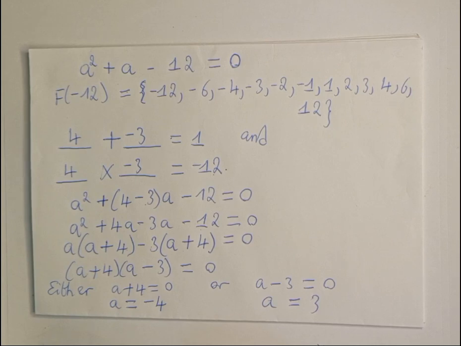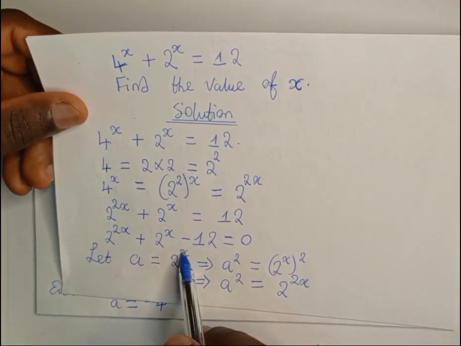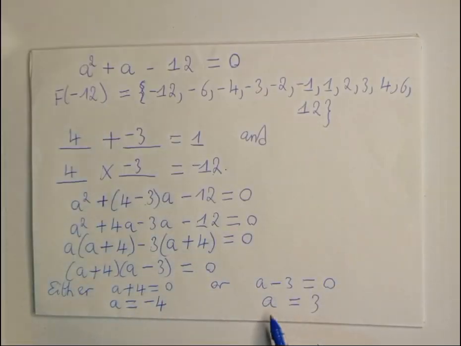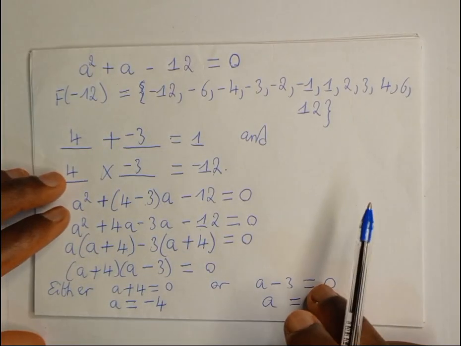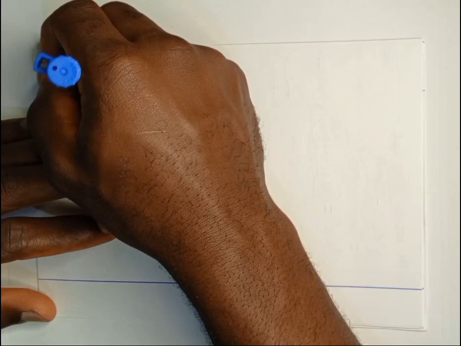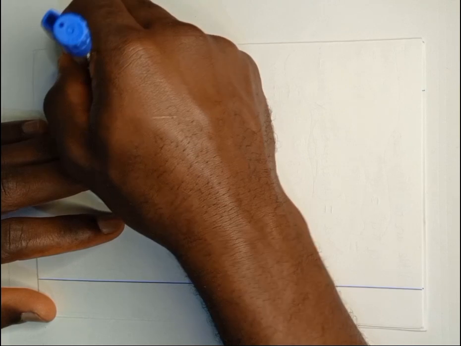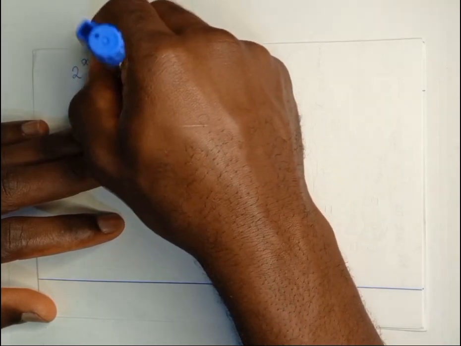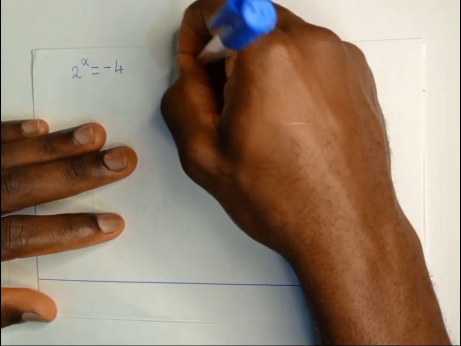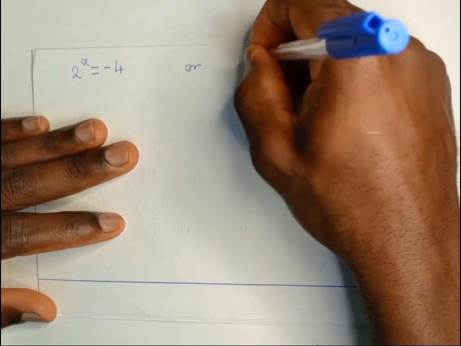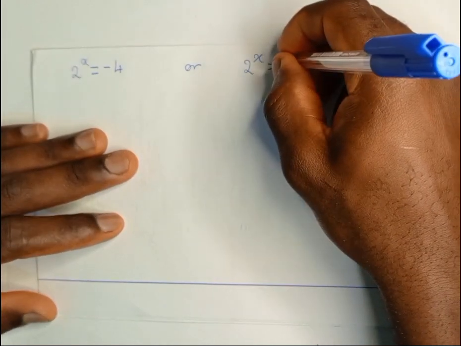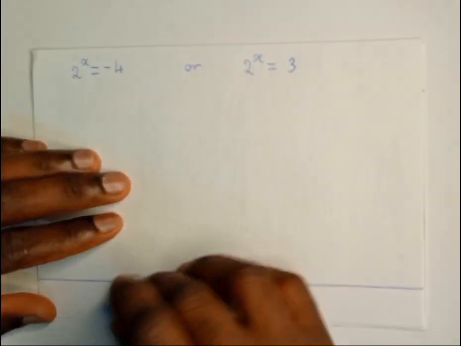We know a is equal to 2 raised to the power x. Replacing a with 2 raised to the power x, this will give us 2 raised to the power x is equal to negative 4, or 2 raised to the power x is equal to 3.